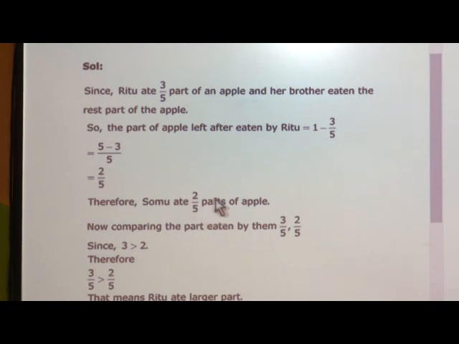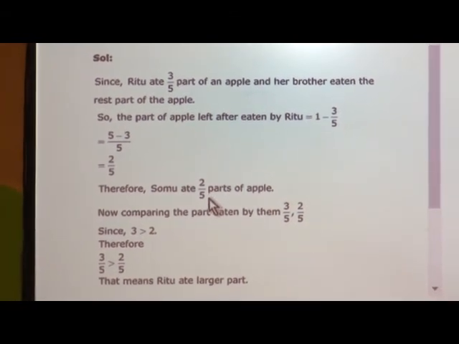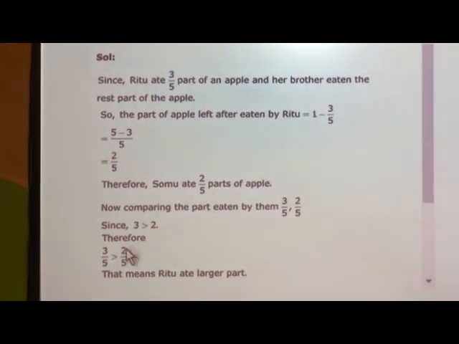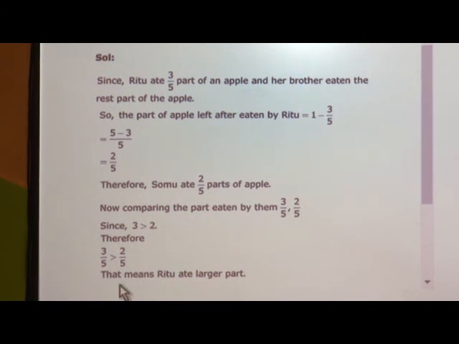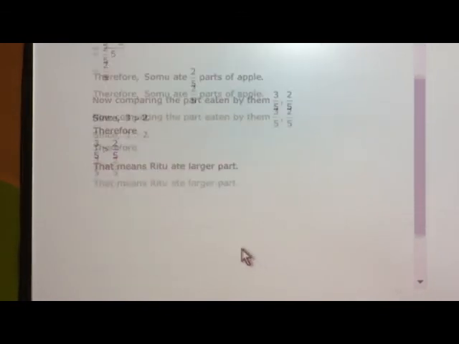By seeing both fractions, you can say who ate more. Ritu had 3/5 and Somu ate 2/5. You can see 3 is greater than 2, so Ritu ate more of the apple, because both denominators are the same, so we can compare, add or subtract.